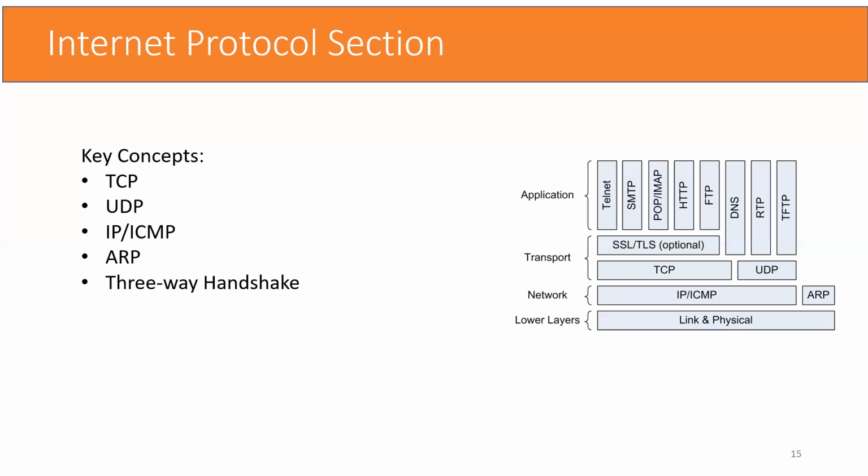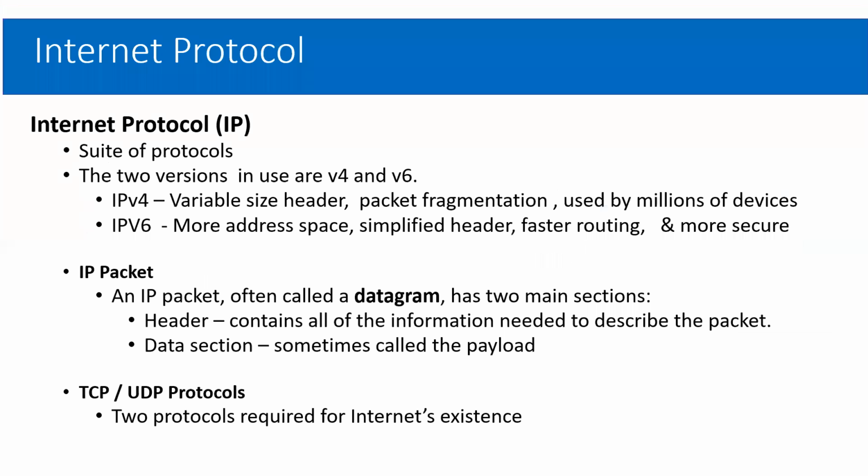And then ARP, that's the protocol used to translate internet protocol addresses back to MAC addresses. And then finally, TCP, as we talked about up top, is the one that guarantees the connection. There's actually what's called a three-way handshake. We'll talk about that in a minute. But that's what occurs to acknowledge and confirm that a connection is established before we send the data.